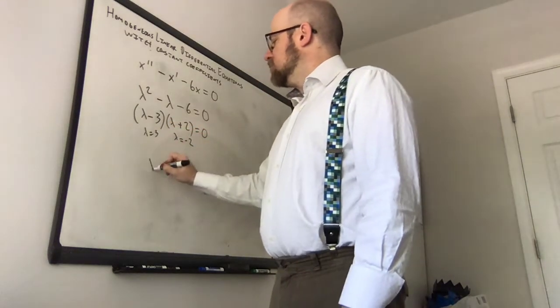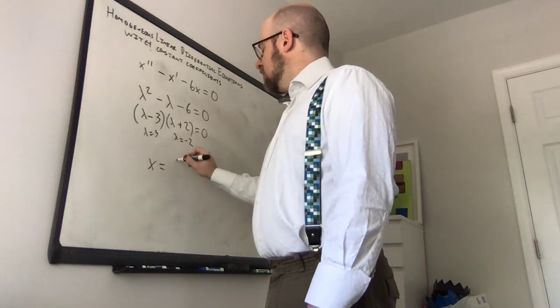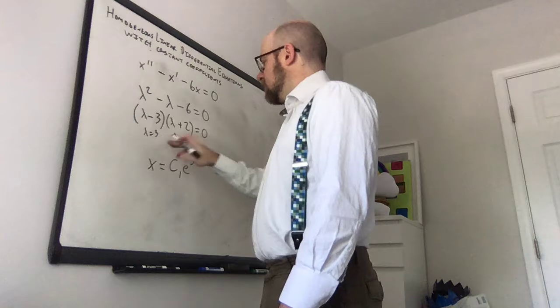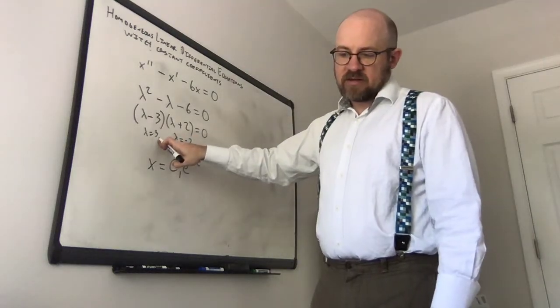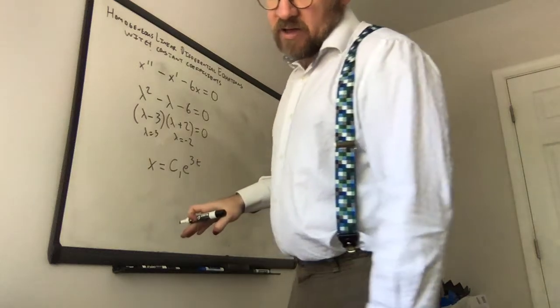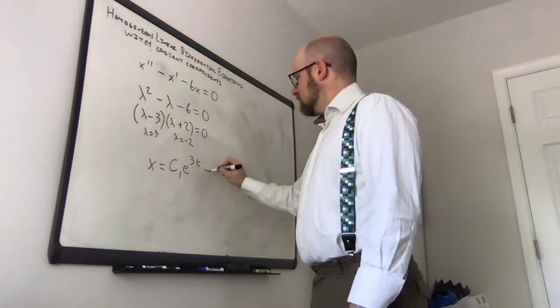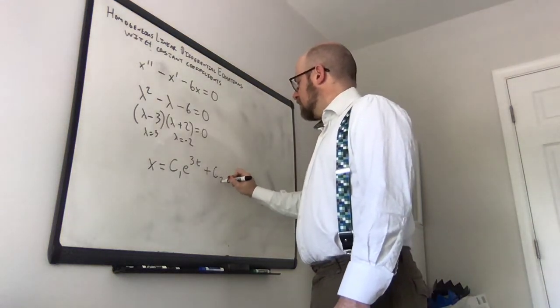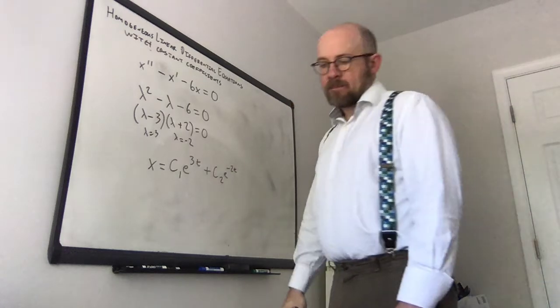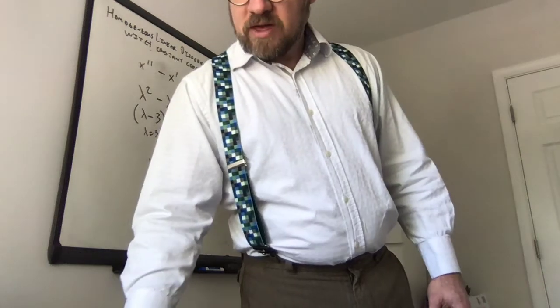Our solution is x equals some constant times e to the 3t plus some constant times e to the negative 2t.